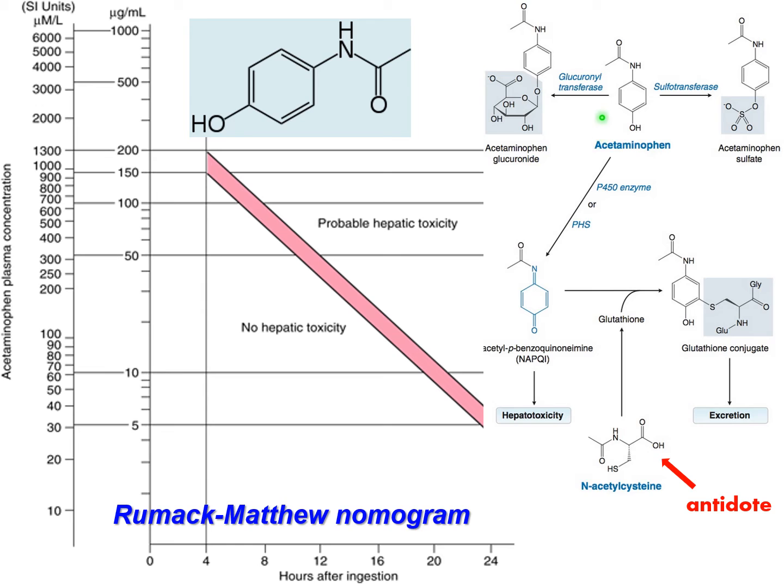Here there is a scheme of a very complex processes that acetaminophen undergoes. It is glucuronidated by OH group. It is sulfonated by OH group. And this is how it's removed by kidney. But it can also undergo oxidation, which makes a toxic compound.